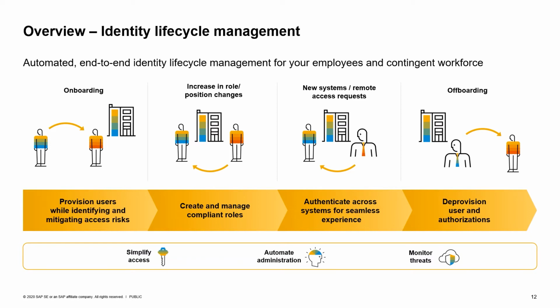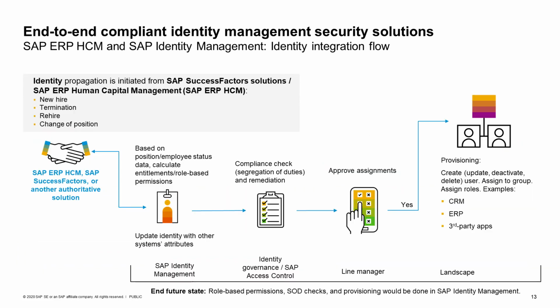So how do you simplify access for people coming in, give them access to be able to do their job very quickly, automate the administration, meaning don't give them too much access, check segregation of duties, and as you give out and provision the roles, you're not giving them too much access, give them some self-service capabilities to change access, get more access to new systems, and then when they leave, how do you deprovision, and then how do you monitor what they're doing while they're in the environment, as well as threats that may be coming in that look like legitimate users.